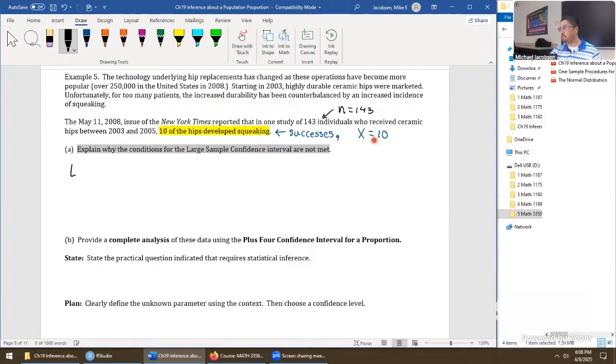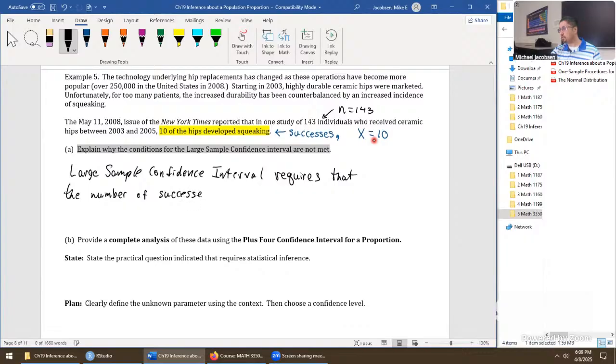This method, the large sample confidence interval, requires that the number of successes, we're mostly focusing on successes here because that's the low count, but let's put in parenthetical, and failures, be at least, and anyone recall what the value was for this condition to pass? Was it 10 or 15?